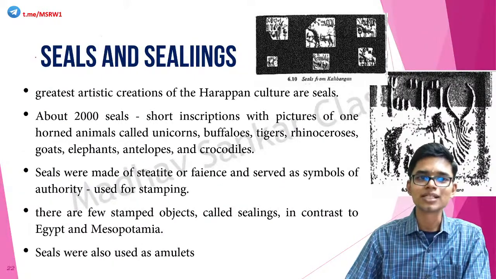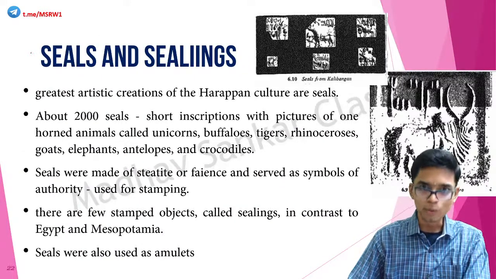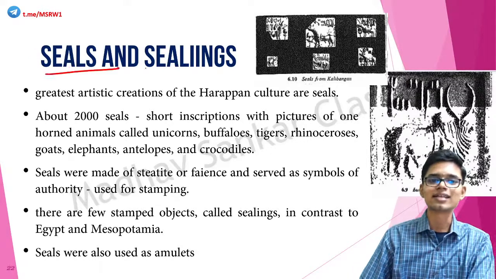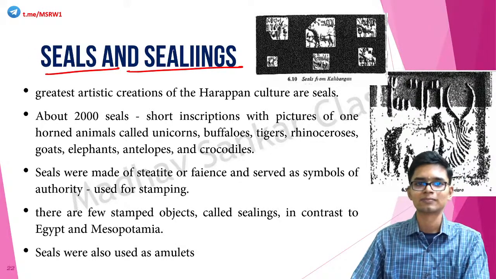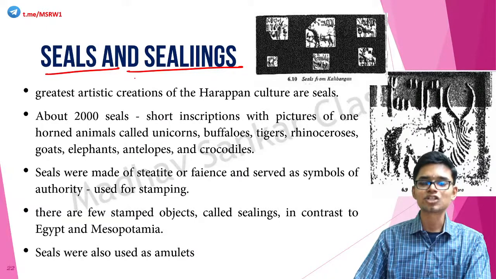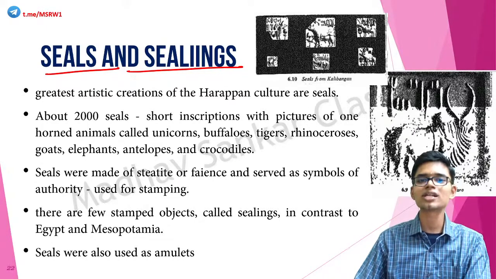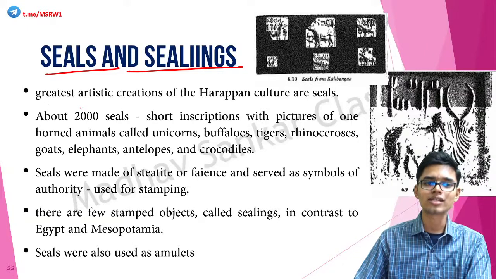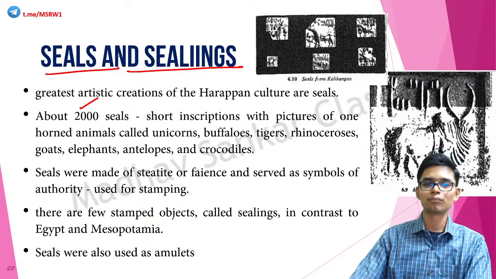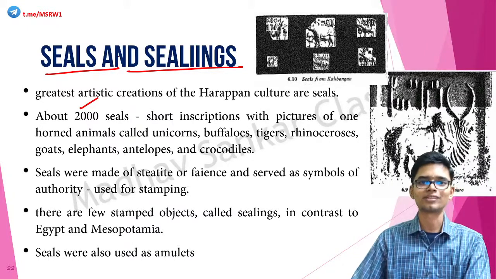Now comes the most interesting or the most promising area of Harappan civilization, that is seals and sealings. The greatest artistic creation of Harappan culture is seals. Historians have found around 2000 seals. So seals are the most important of all Harappan findings. Why? Because they give us a lot of information.